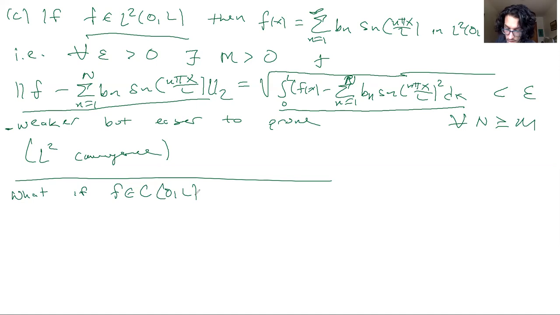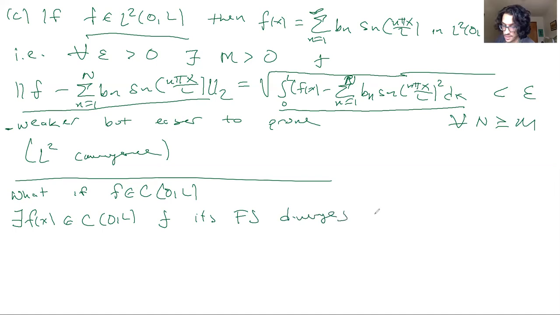Well, it turns out there exists an f of x in C[0, L] such that its Fourier series diverges at some x0 in [0, L].